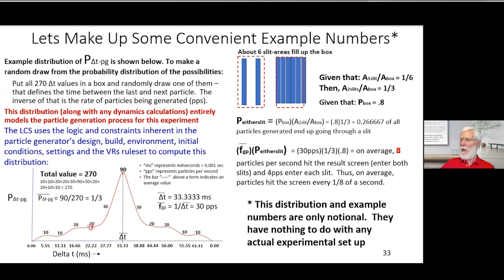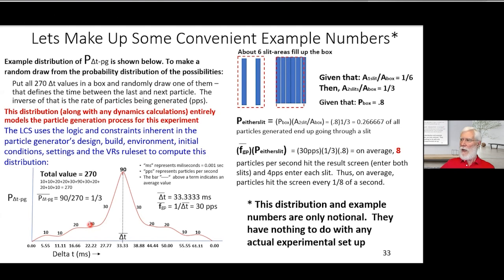Okay, so now we know when the particle's coming out. So now we've modeled this whole particle generator. We don't have to model the insides of it. We don't have to model the gas where the atoms get pumped up into higher states and then they come back down and create light as the electrons fall into lower orbits and so on. You see, that's modeling it from the bottom up. That's modeling all the little details. We're modeling it statistically.